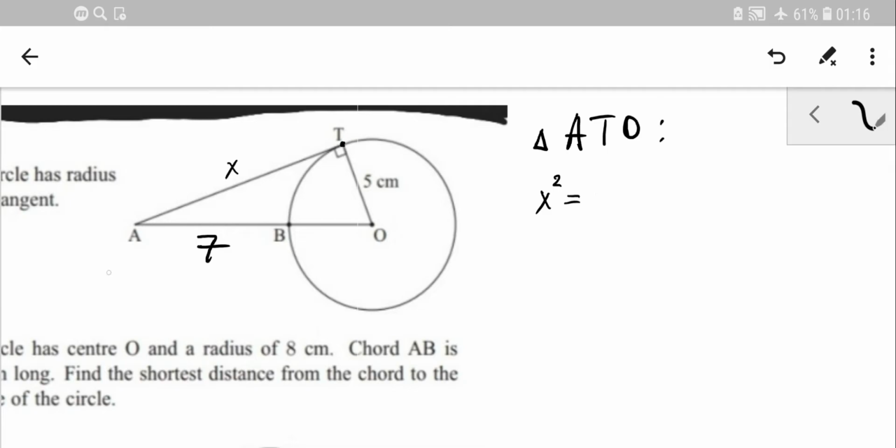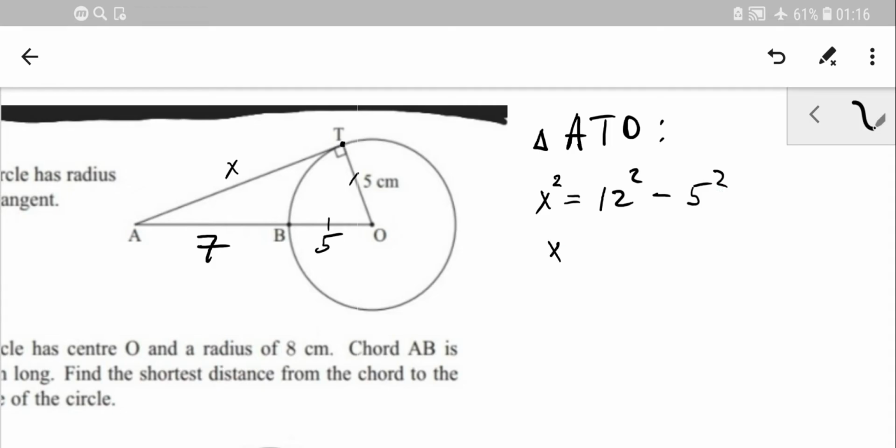It is simply AO in total, that's the hypotenuse. BO is the last known here, because it's the radius, and both radii should be the same, it's also 5. So we'll get 5 and 7, 12, 12 squared, and we subtract the square of the other leg, which is 5 squared.